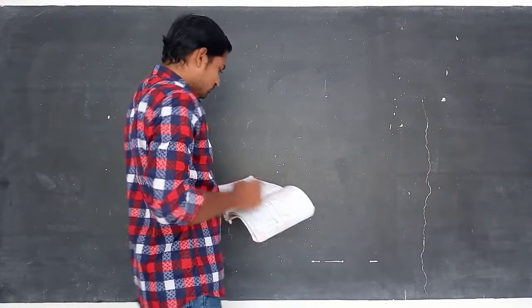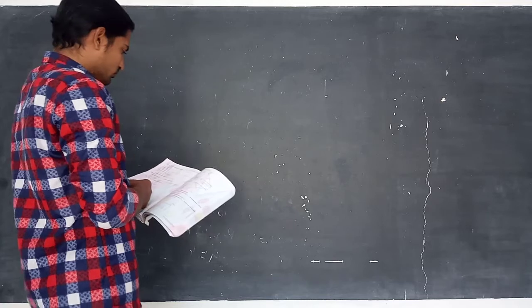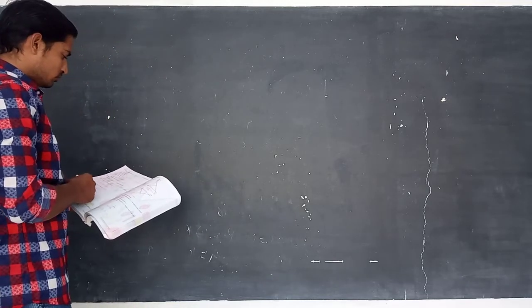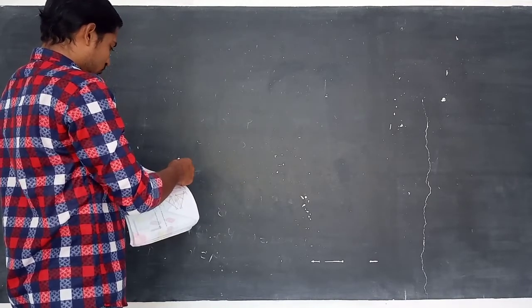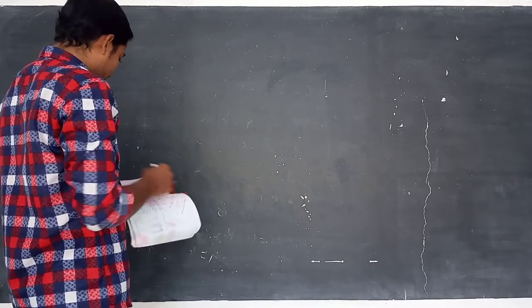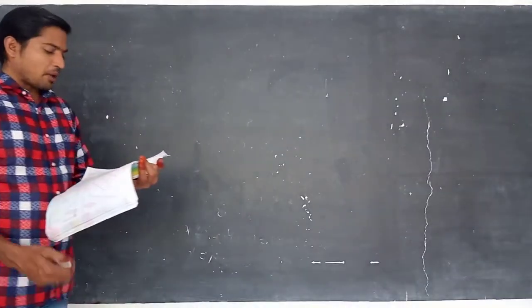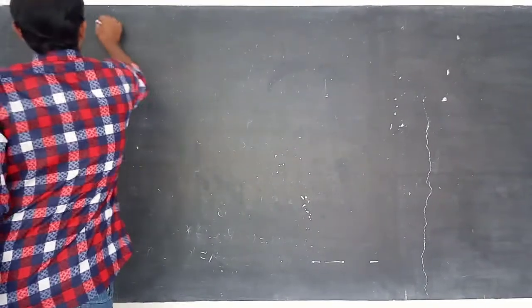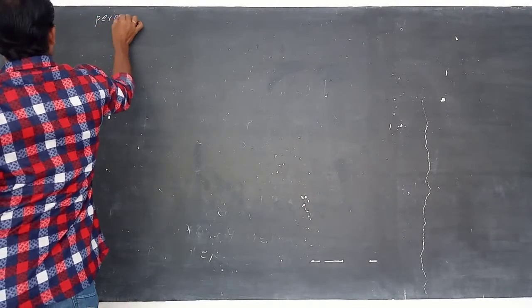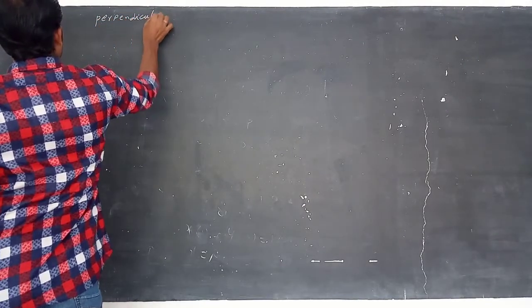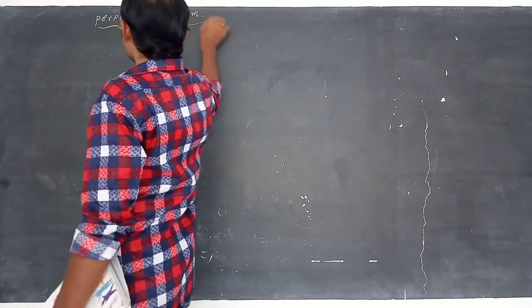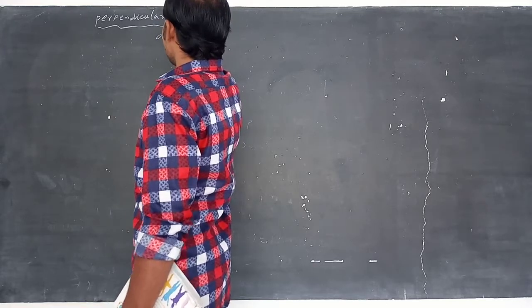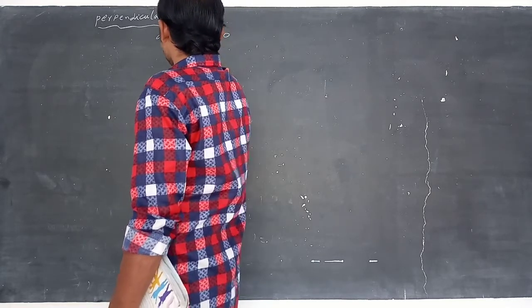Next thing, equation of the line ax plus by plus c equal to 0 in perpendicular form.